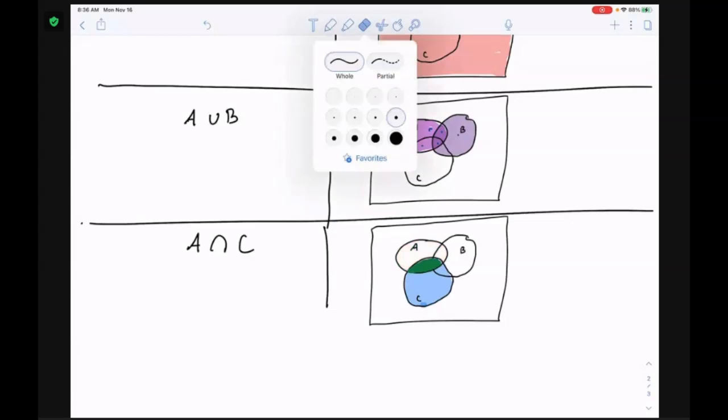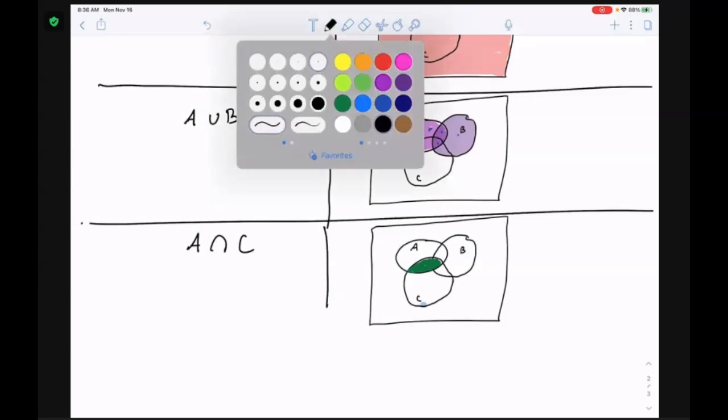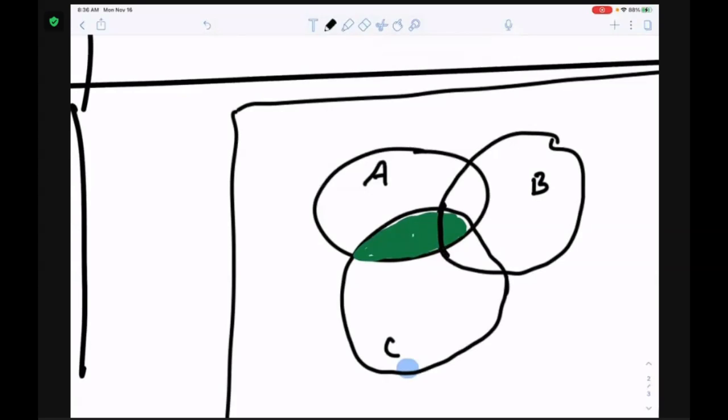Okay. And then use an eraser, and we have that, right? Boom. So you got to see how I did that in terms of the erasing as well. But there's only the 2 regions that were in this problem. There's the 2 regions that make up this one.